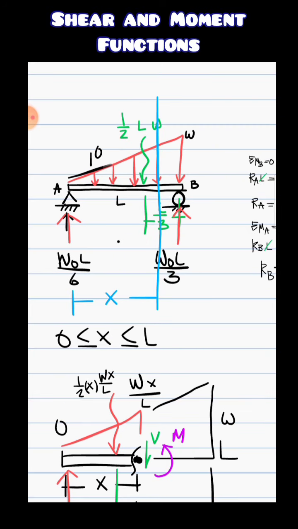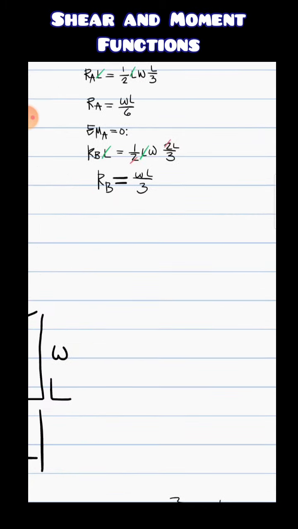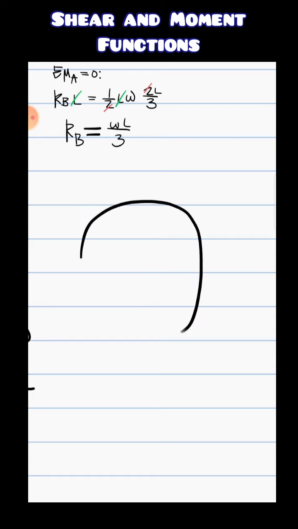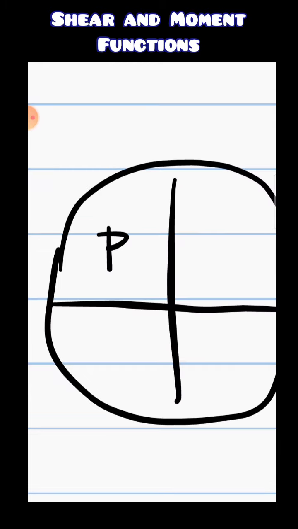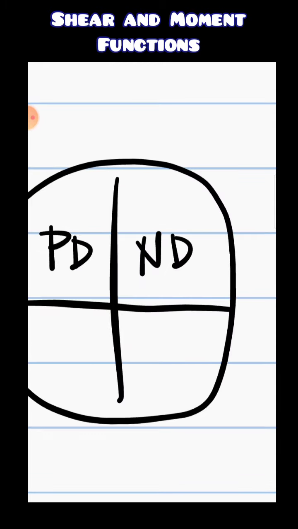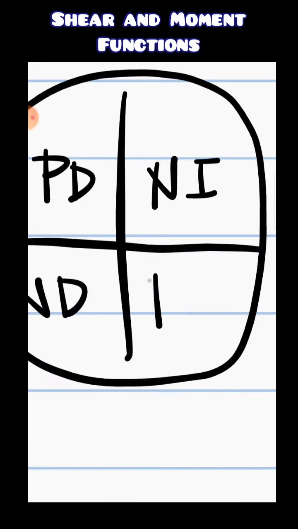As you can see, the loads are negative and the slope is increasing. If we write that down, this is the most useful mnemonic: PD, ND, please do not neglect dumb people instead.